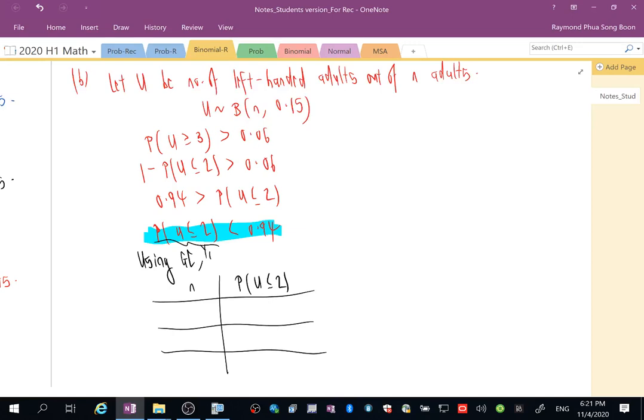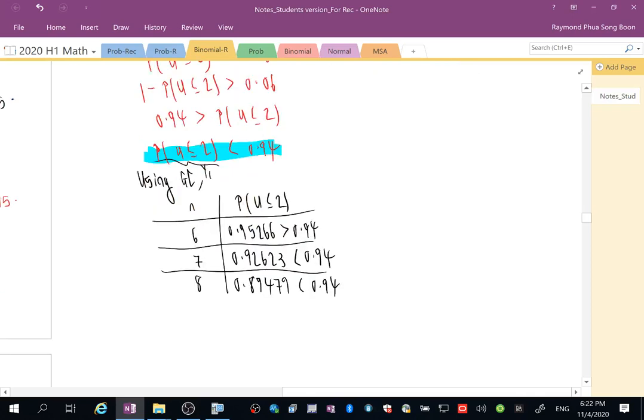Please try out on your own that you are really able to obtain all these probability values from your GC.